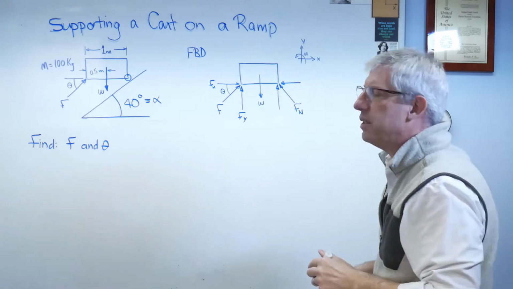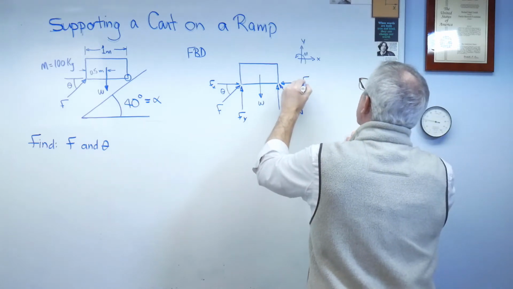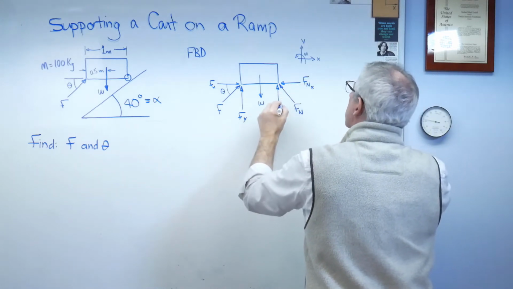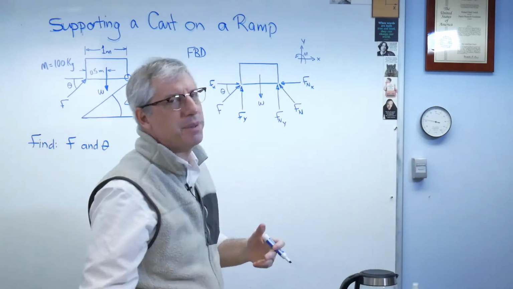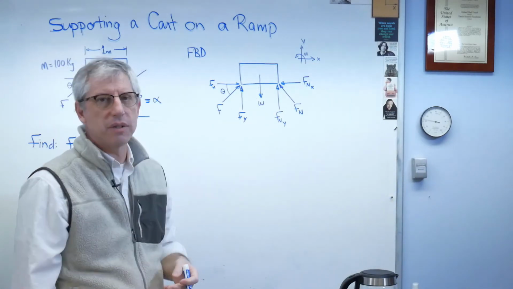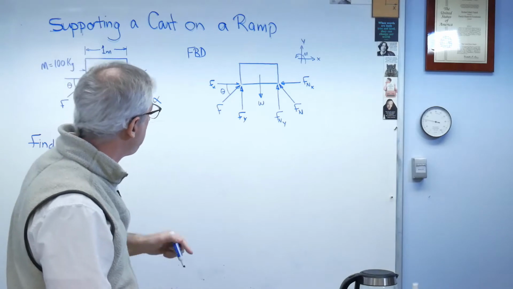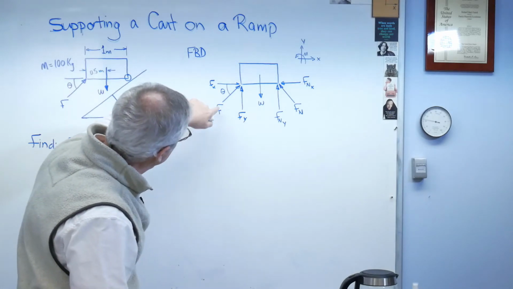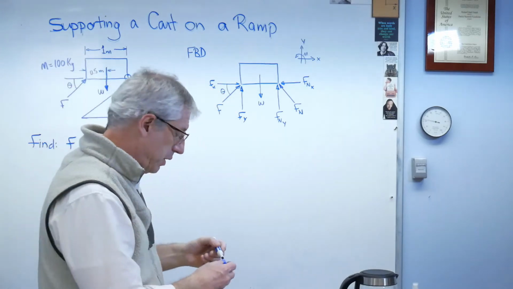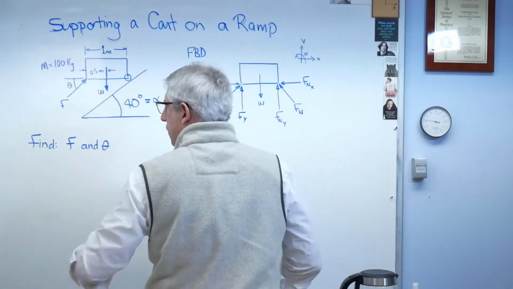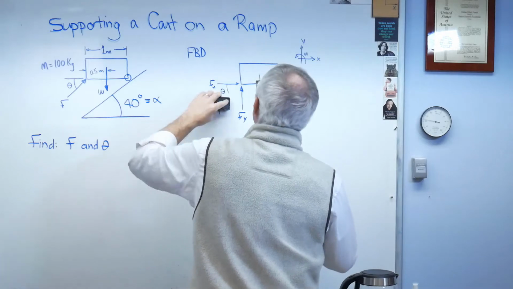I'll clean this up in a second, but let's put all the pieces on here first. Now, double subscripts, not a huge fan, but I don't know what else to do right here. So let's leave that. Now, I don't need that hypotenuse anymore. I've got the components. So I'm going to go ahead and erase that. If I find my eraser, there we go.